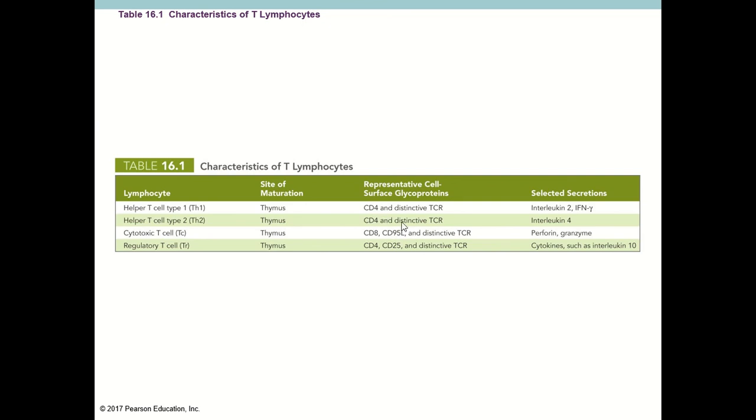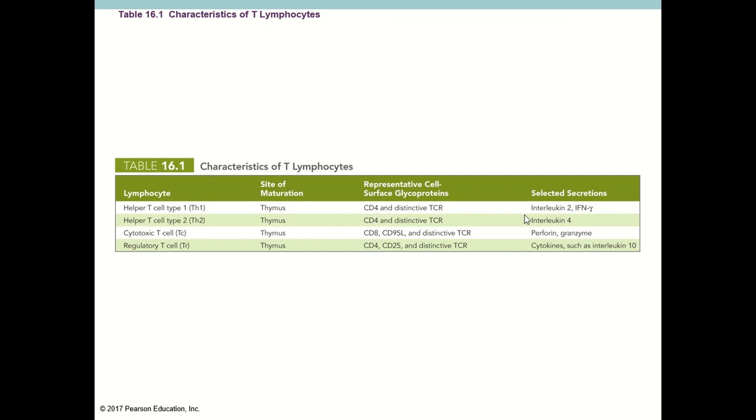All of them are represented by glycoproteins on their cell surface, known as CD4, the T cell receptor, CD8, CD95, and CD25. CD4 specifically is associated with HIV. HIV utilizes the CD4 pathway to bind onto helper T cells and render them useless ultimately.